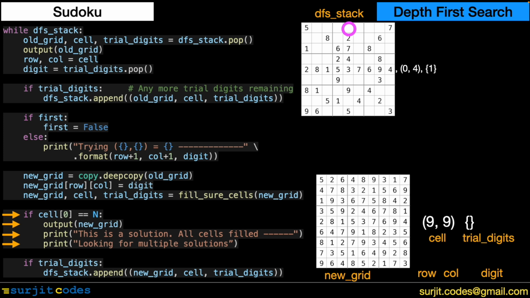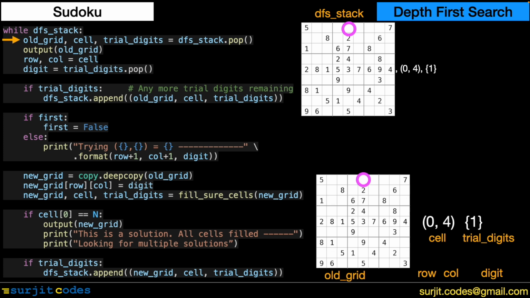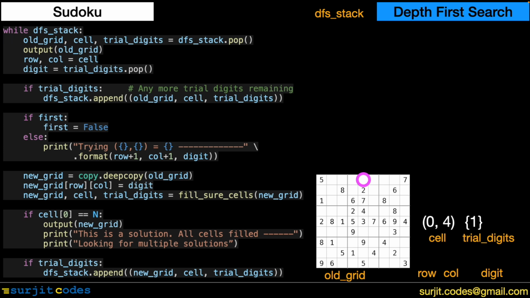We can exit execution at this stage, but sometimes Sudoku problems have multiple solutions, so let us continue. Trial digits are missing, so we do not push anything new in the stack. In the last iteration, we pop out the last tuple from the stack. This tries 1 at cell 04.